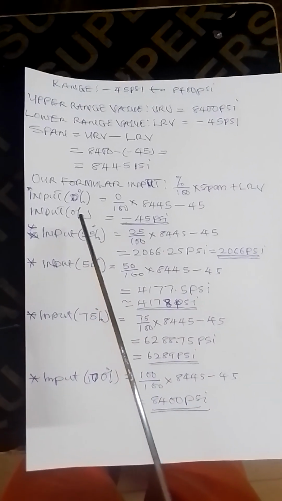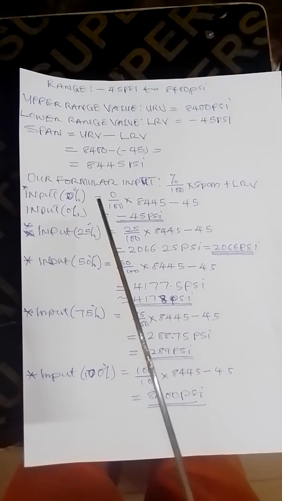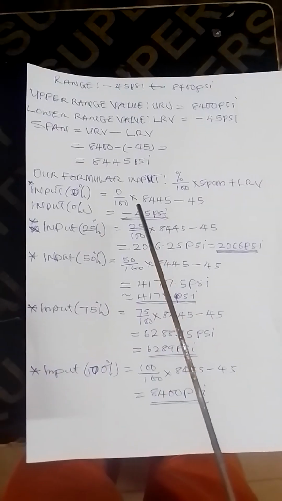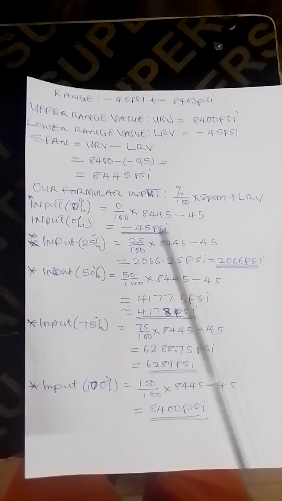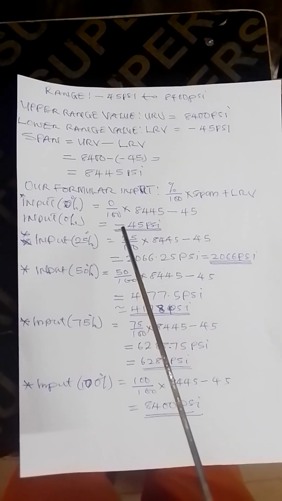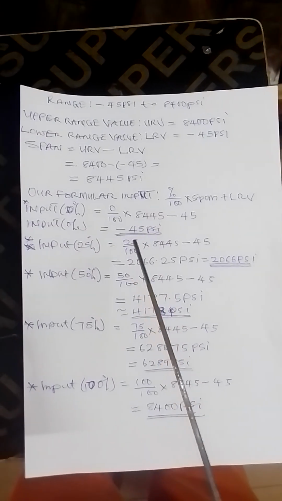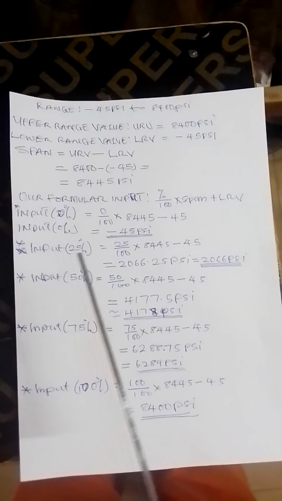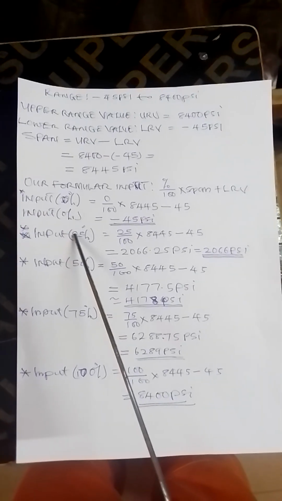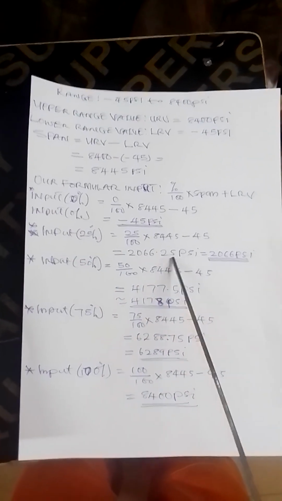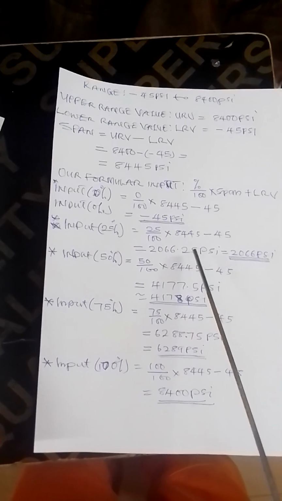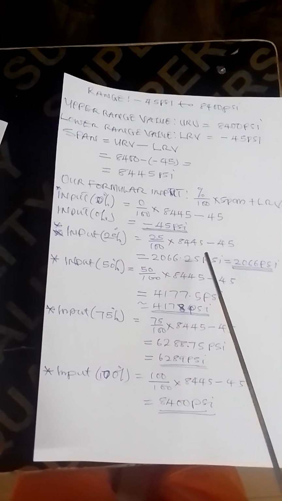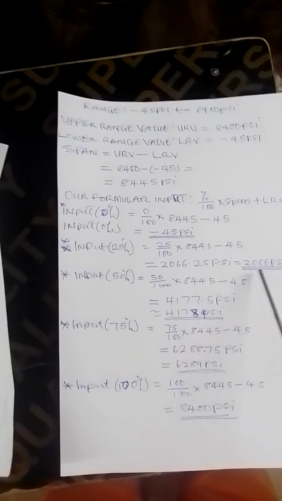Our input here is 0%: 0 over 100 times 8445 plus minus 45 psi. So at 0 you have minus 45 psi. At 25%, your calculation will give 2066.25, or we'll round it to 2066 psi.